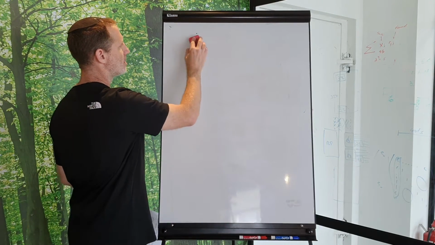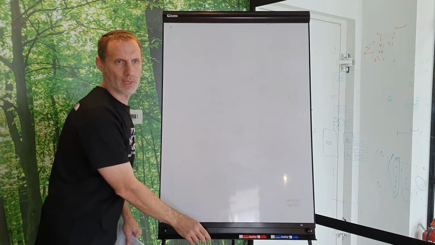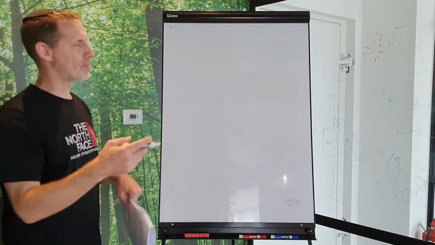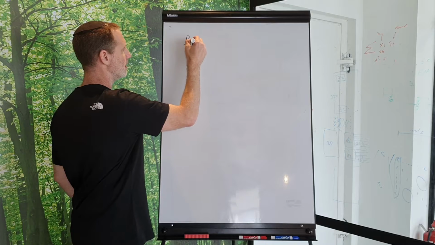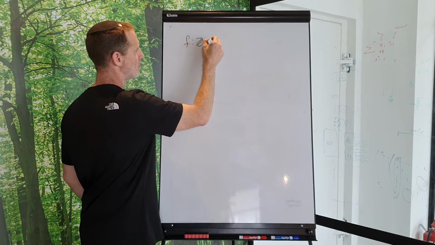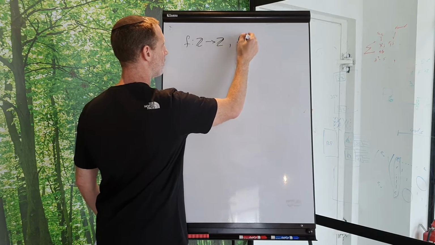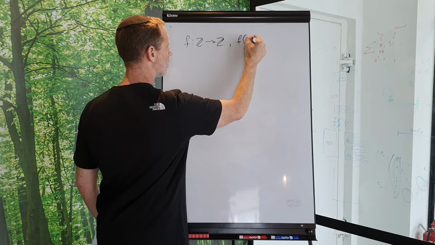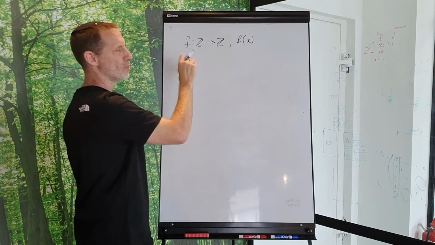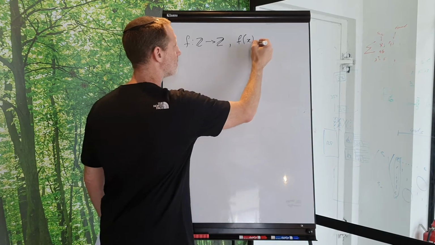Let's just take an example. You can have, for example, the function from Z to Z, which is legal, with f of x. We always assume that x is the domain, y is the codomain by default.